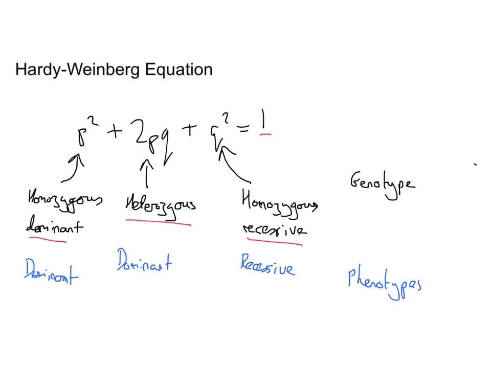And obviously, if you take all of those that have the dominant characteristic and all of those which have the recessive characteristic, you will have the total number of individuals. It's important to remember we're dealing with proportions, not true numbers.